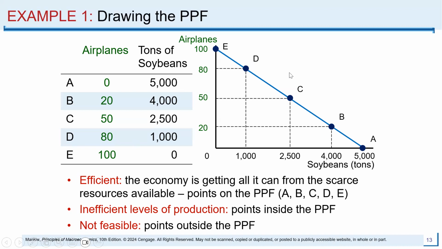It is the same for the production of airplanes. Compare with point C. Point C is already the efficient point where all the resources are used up. If you want to produce 30 more airplanes, you don't have the resources to deploy in order to produce them. So that is why they are unattainable.